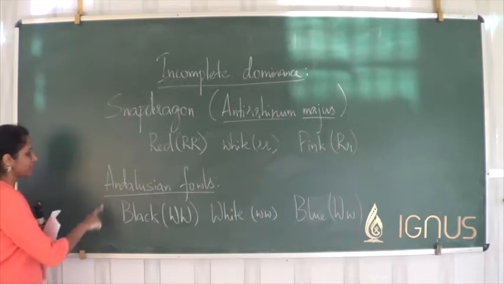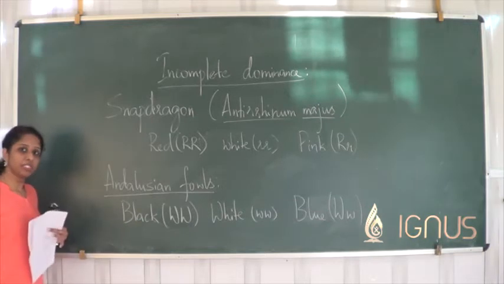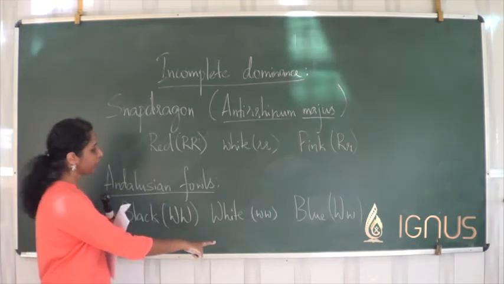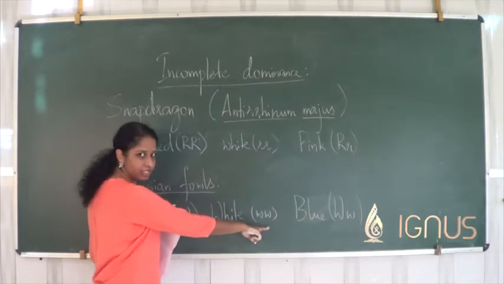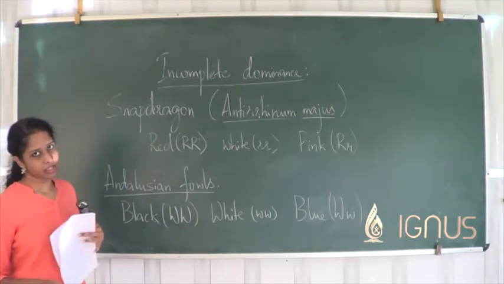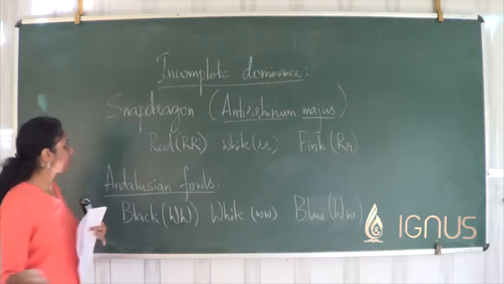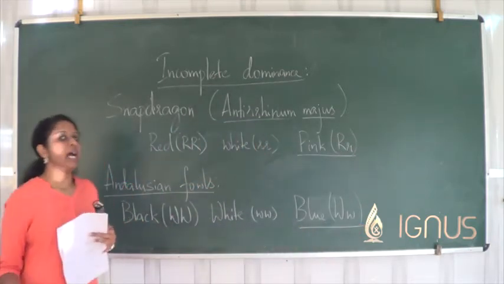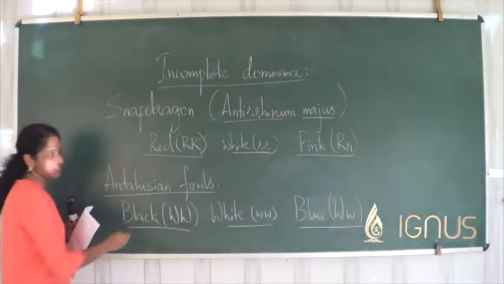Another example is the Andalusian fowls, which have black feathers only when homozygous dominant, white feathers when double recessive, and blue feathers when heterozygous, which will come in the F1 generation. And like the other two examples, if you take the F1 generation of either of them and self-cross it, you will get back the homozygous parents.